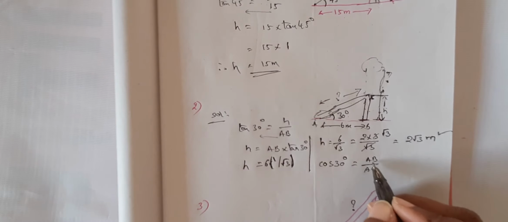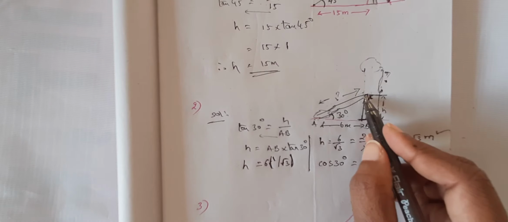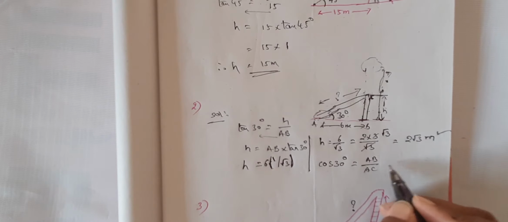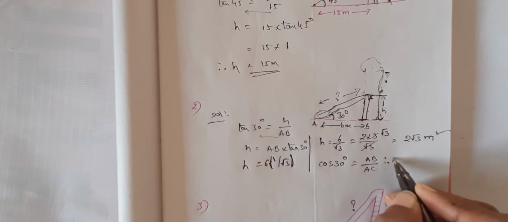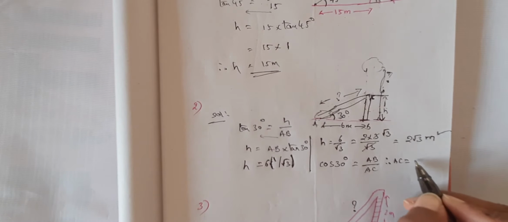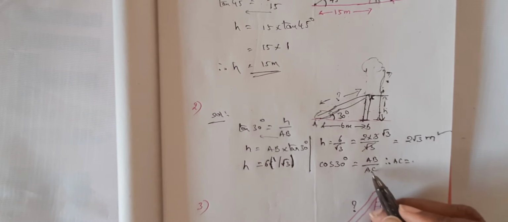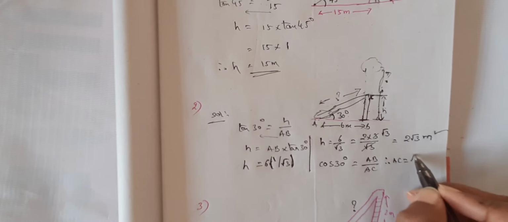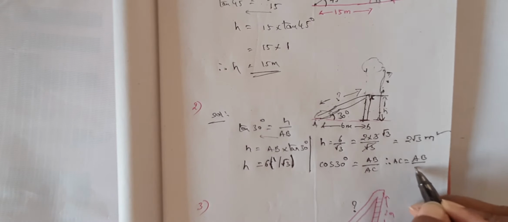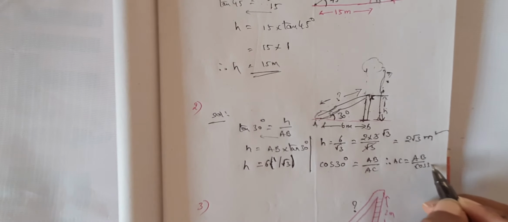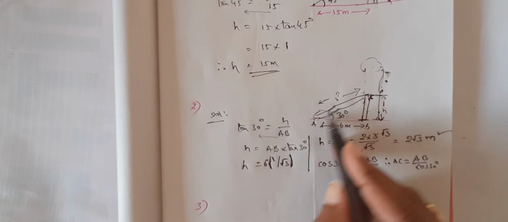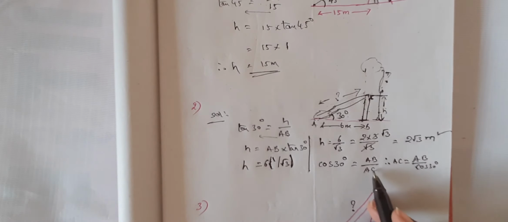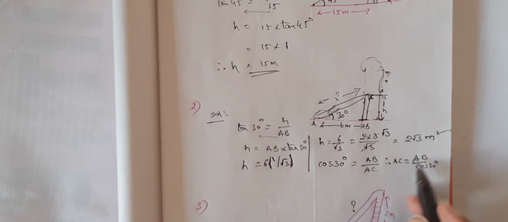AB is the adjacent side, AC is the hypotenuse. So therefore AC is equal to AB by cos 30 degrees. We want AC.